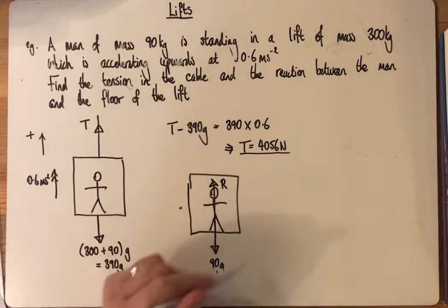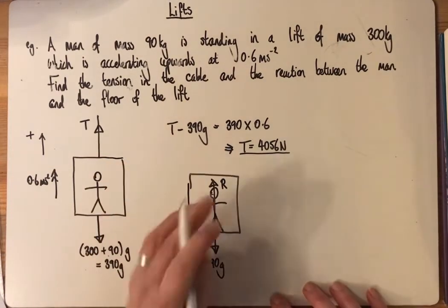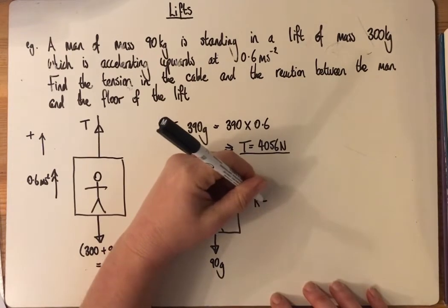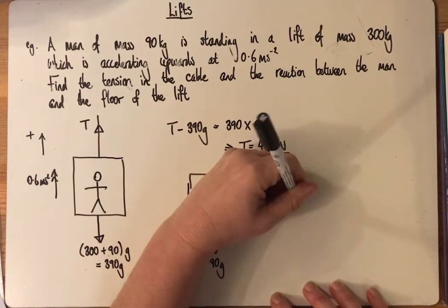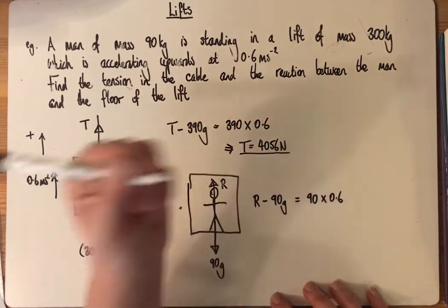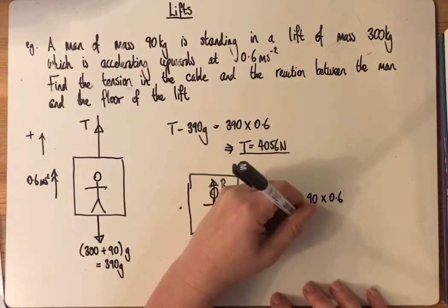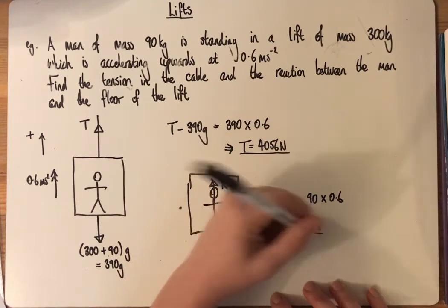So setting up an equation of motion just for the man by himself, again positive direction is upwards, then the reaction force minus 90G is equal to the mass times the acceleration, and that gives you the reaction force as being 936 newtons.